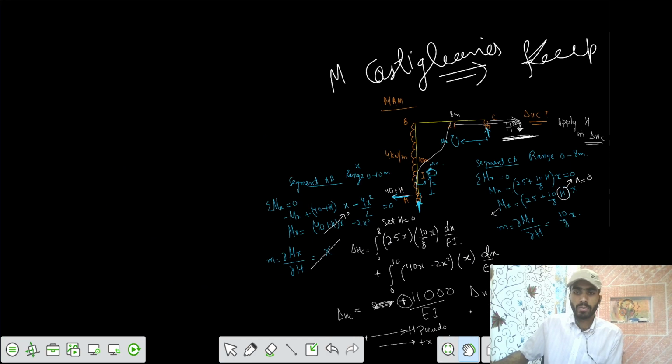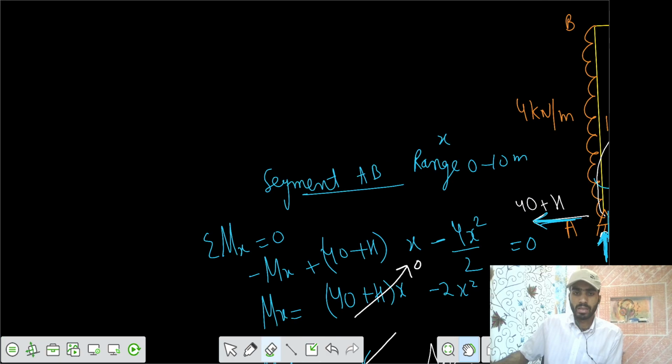Now we are left with the moment area method. Let's go for the moment area method. Let's write moment area method.